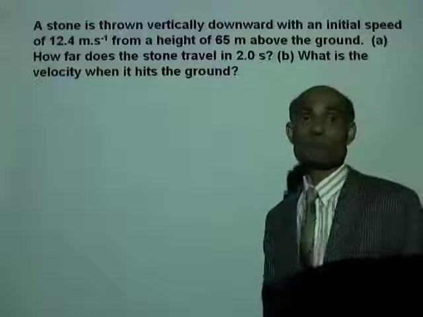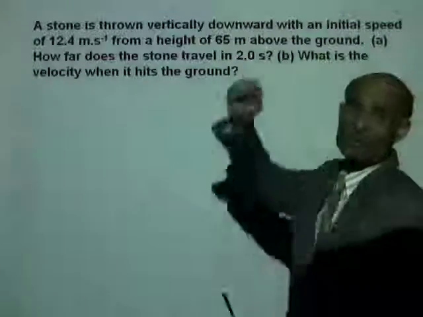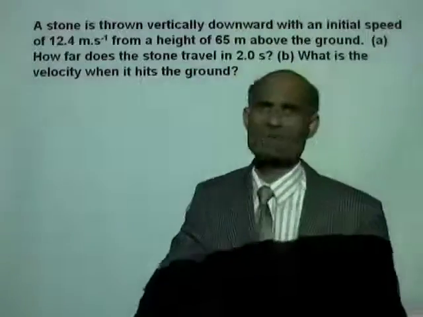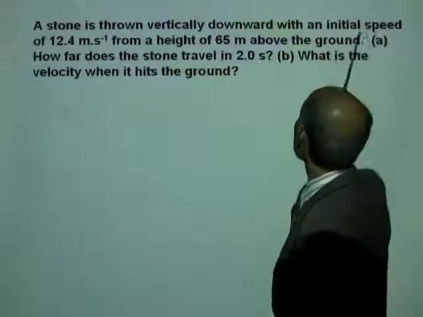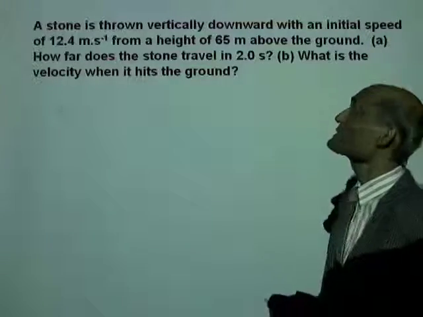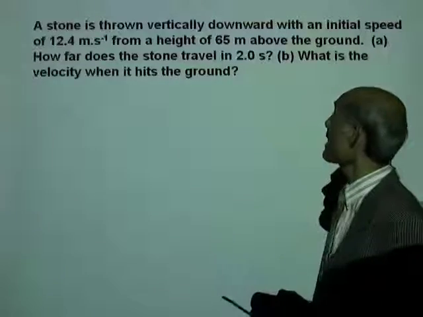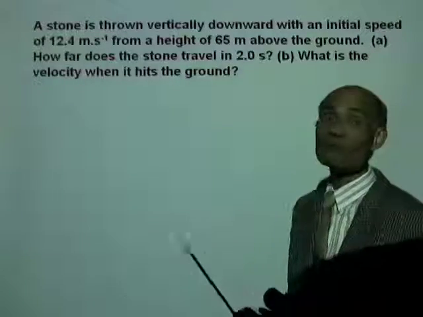Okay, another one. A stone is thrown vertically downward with an initial speed of 12.5 meters per second from a height of 65 meters above the ground.